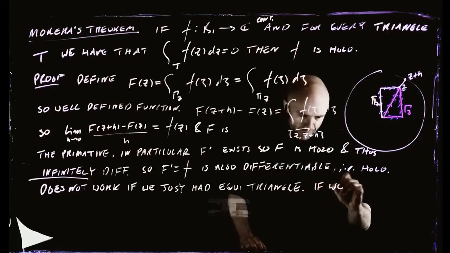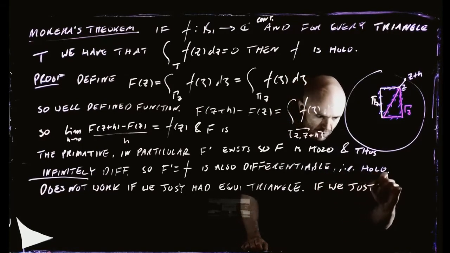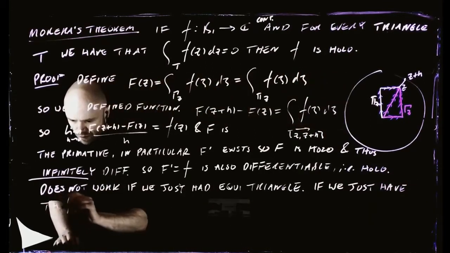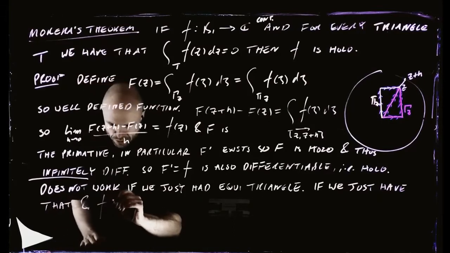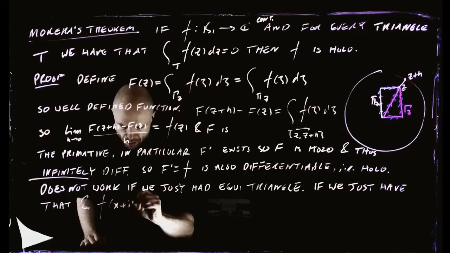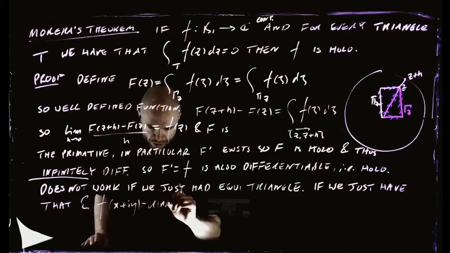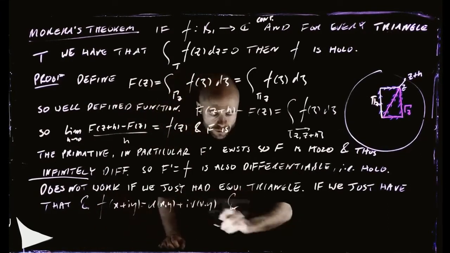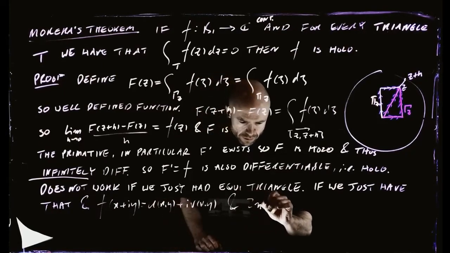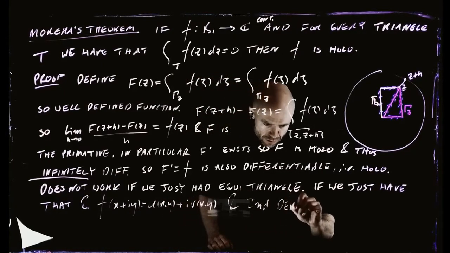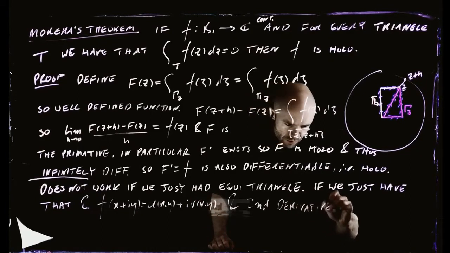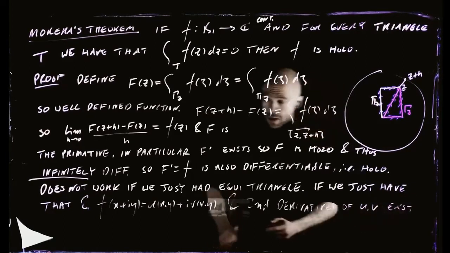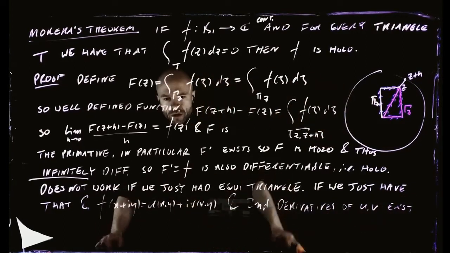If we just have f of x plus iy equal to u of xy plus iv of xy, and second derivatives of u, v exist, that's not enough to conclude it's holomorphic, right?